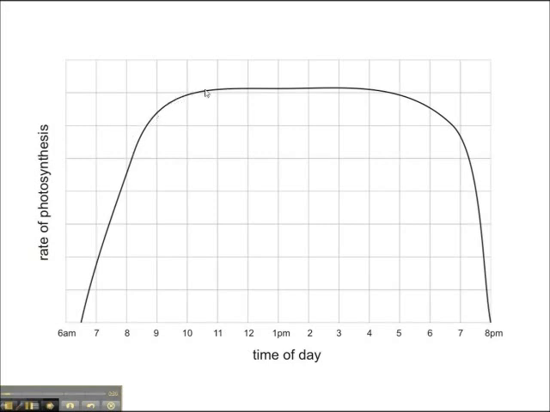But then we get to the top, as it drops off, what's the limiting factor? It's our old friend carbon dioxide, not so much in the atmosphere, and that goes on all day until once again in the evening as the sun sets, light becomes the limiting factor again. So that's a graph you might see in your exam. You're going to have to be prepared to deal with it.